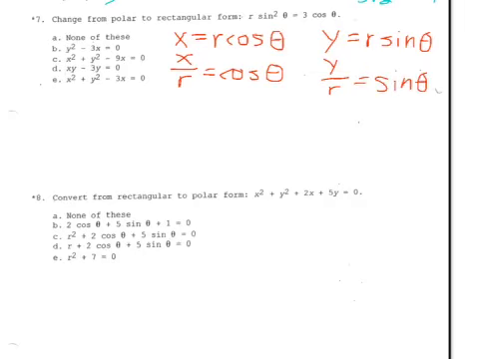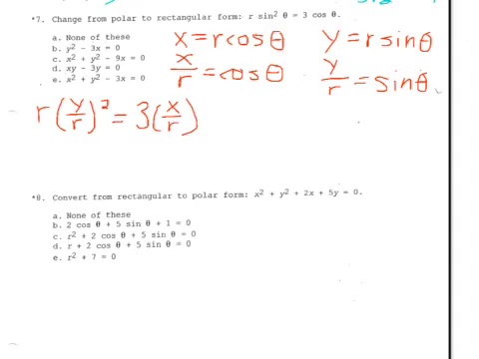Okay, so let's plug in y over r for sine theta, but we'll remember to square it. And we'll plug in x over r for the cosine theta.